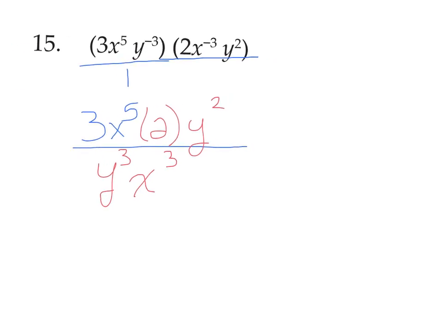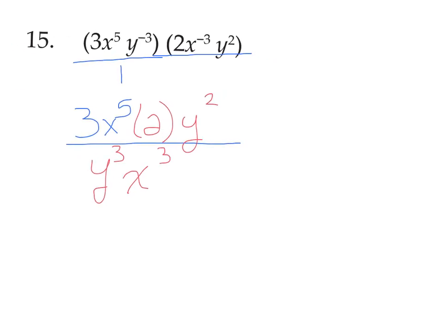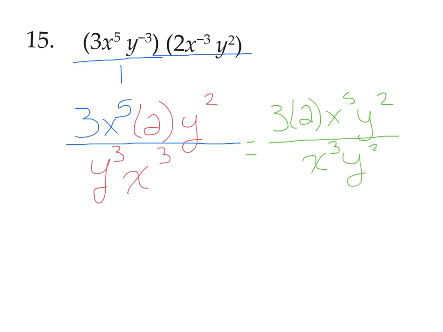We're going to simplify this a little bit more. As you can see, we've got a 3 and a 2 here, and the 2 should be up here to the front with the 3. So we'll have 3 times 2. Then we'll have x to the 5th, y squared, and then the denominator x cubed. I'm just rearranging them alphabetically again, y cubed.